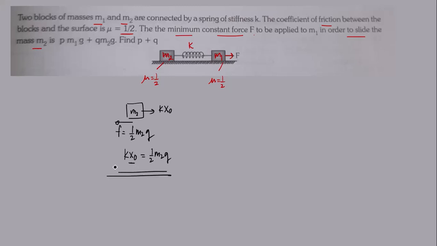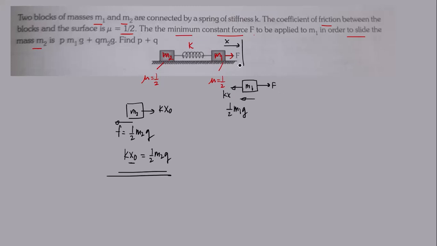Now what is x0? x0 is the elongation of the spring at that instant. Why does x0 come? Because particle M1 is being pulled by the force F. At any location x, where the spring is displaced by x, the force on M1 is F in this direction, the spring force is K times x, and the friction force is half into M1g.